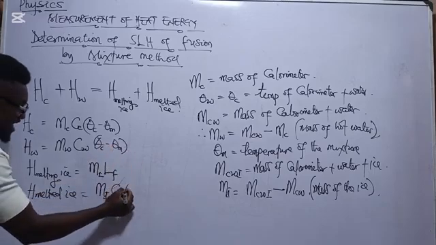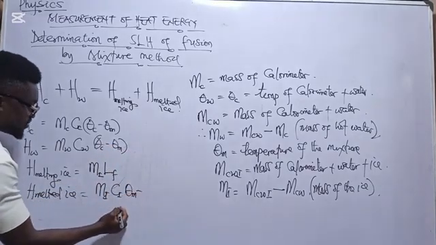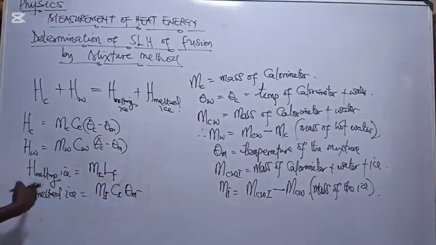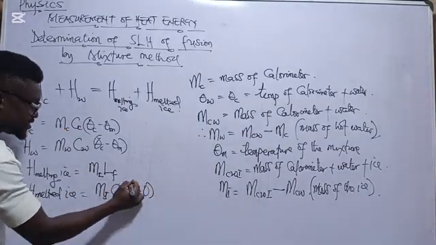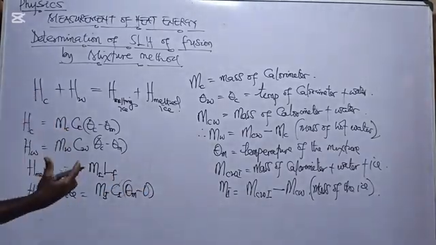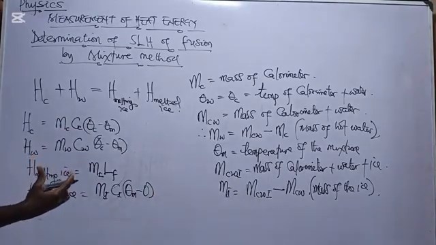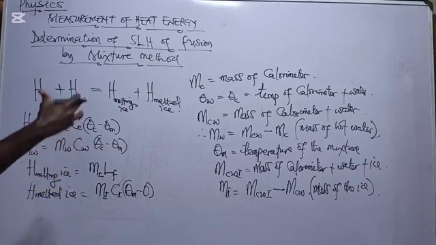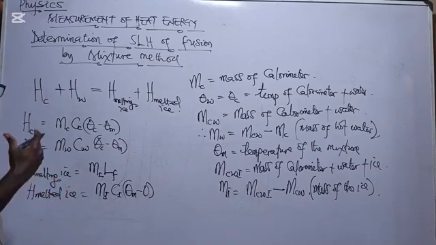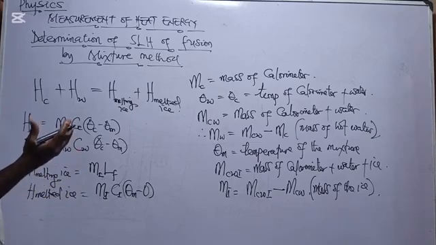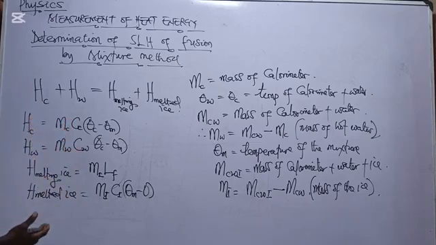So the final temperature, which is the temperature of the mixture, minus initial temperature of that very ice, and that very initial temperature should be zero because the melted ice starts from 0 degrees Celsius, now increases in its temperature as the melting took place at the temperature of 0 degrees Celsius. Hence, the rise in temperature starts from 0 degrees Celsius. So we have the temperature difference here.